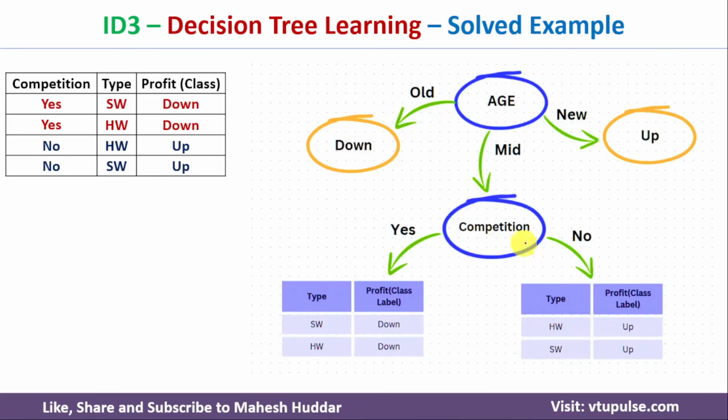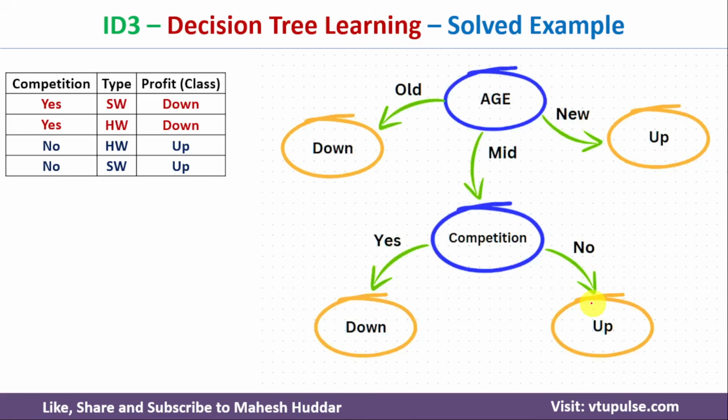Whenever we consider the attribute value as S, we are getting two examples. Those belong to down. So we'll replace this one by down. And whenever we consider the attribute value as no, we are getting two examples. Those belong to up. So we'll replace this one by up. That is what you can see here.